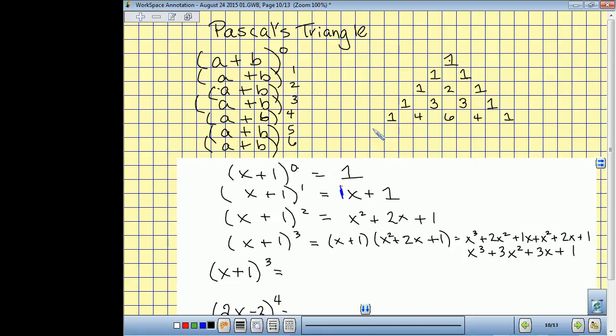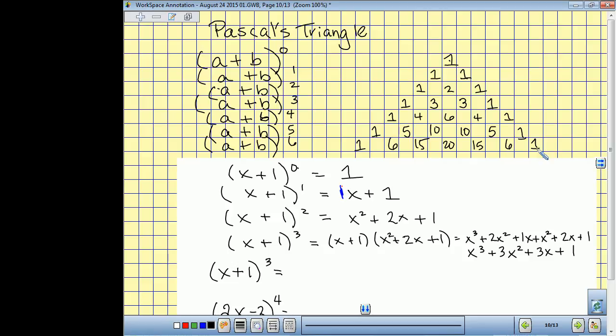What's the next line? 1, 5, 10, 10, 5, 1. Okay, what's the next line? 1, 6, 15, 20. Where do you get this 20? What is this? You add the 2 right above.